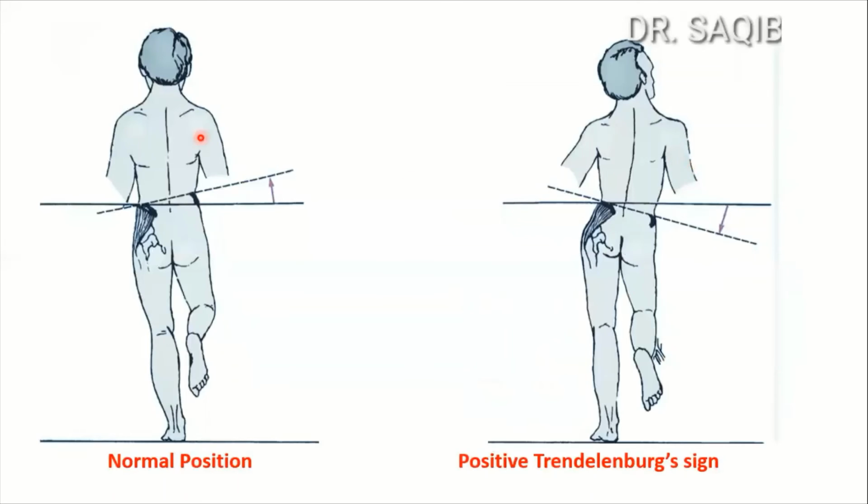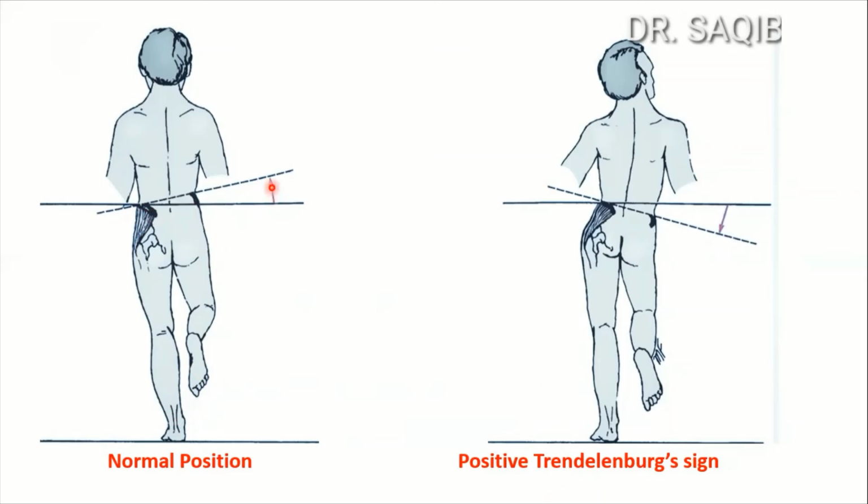You see this position, this is the normal position. The person is standing on one foot, and the other foot is off the ground. So this is the normal, and you could see the pelvis goes upwards, right?